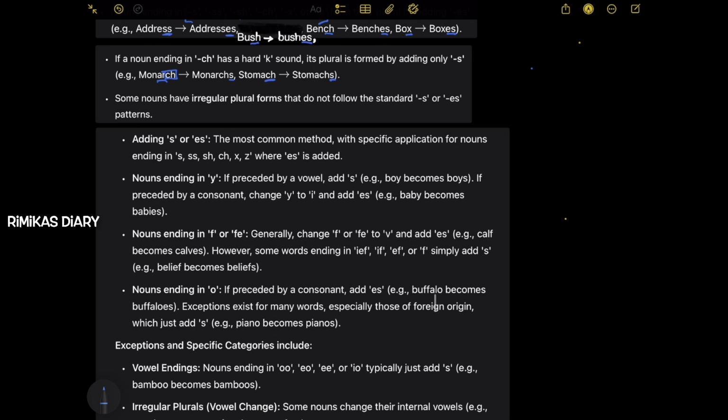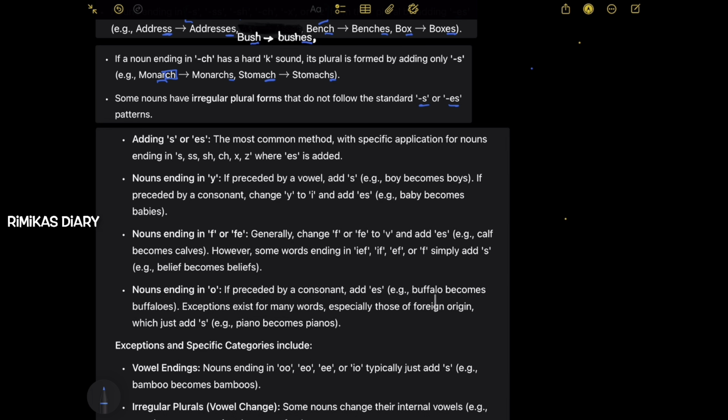Some nouns have irregular plural forms that do not follow the standard s or es patterns. So there are some nouns that have irregular plural forms, not adding s or es.